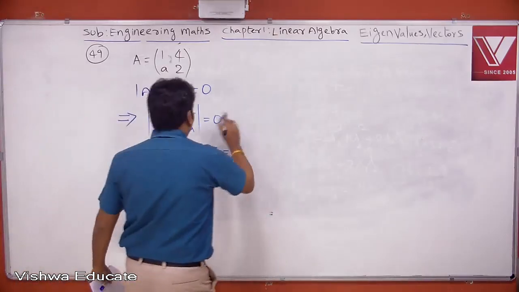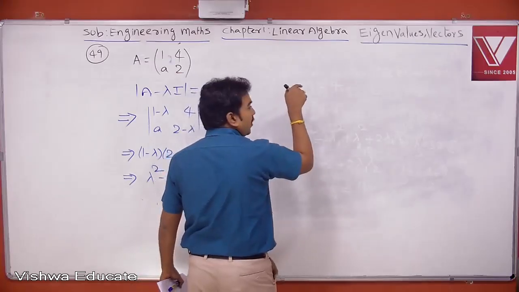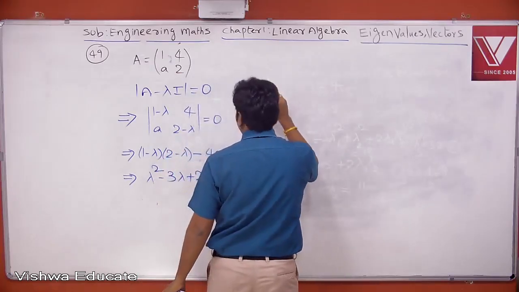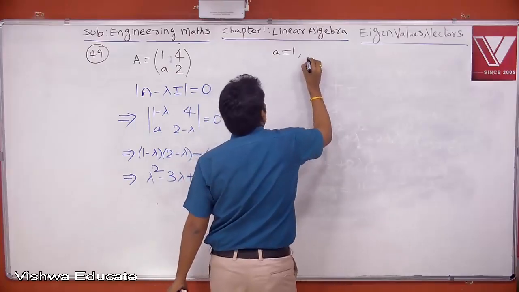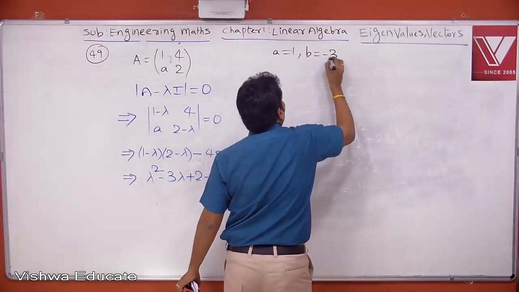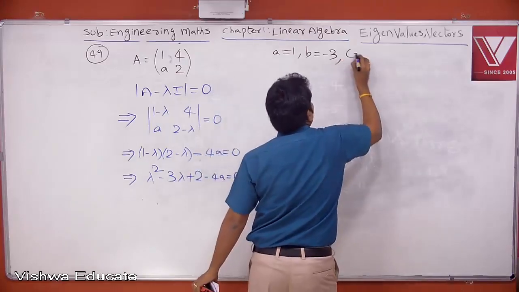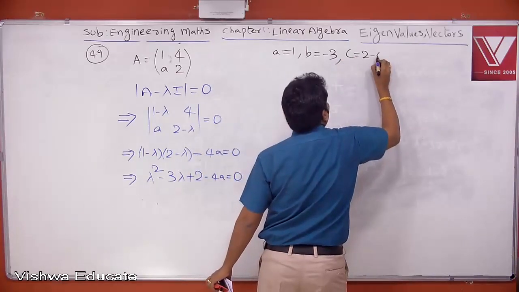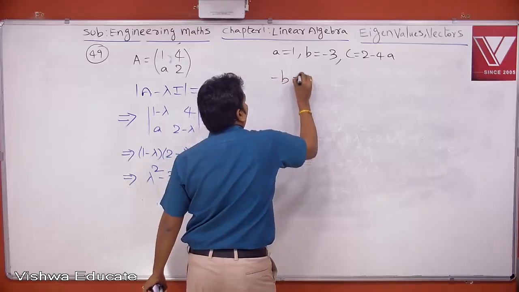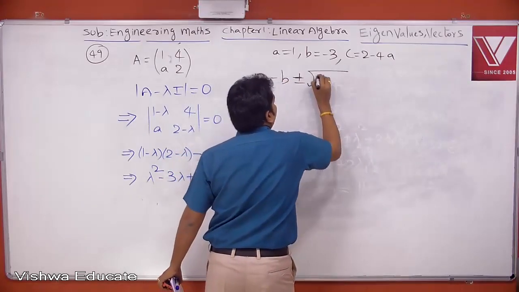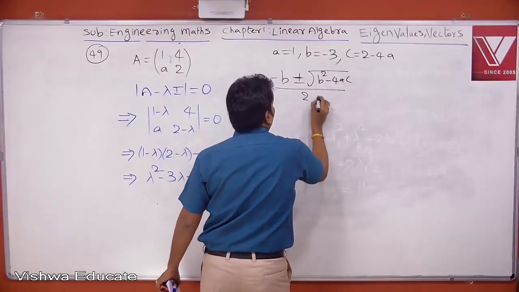So therefore let us find its eigenvalues by applying minus b plus or minus square root of b square minus 4ac, divided by 2a. Here the a value is 1, the quadratic coefficient. The b value is minus 3. The c value is 2 minus 4a. Therefore the eigenvalues are like this. I am applying the formula minus b plus or minus square root of b square minus 4ac divided by 2a.